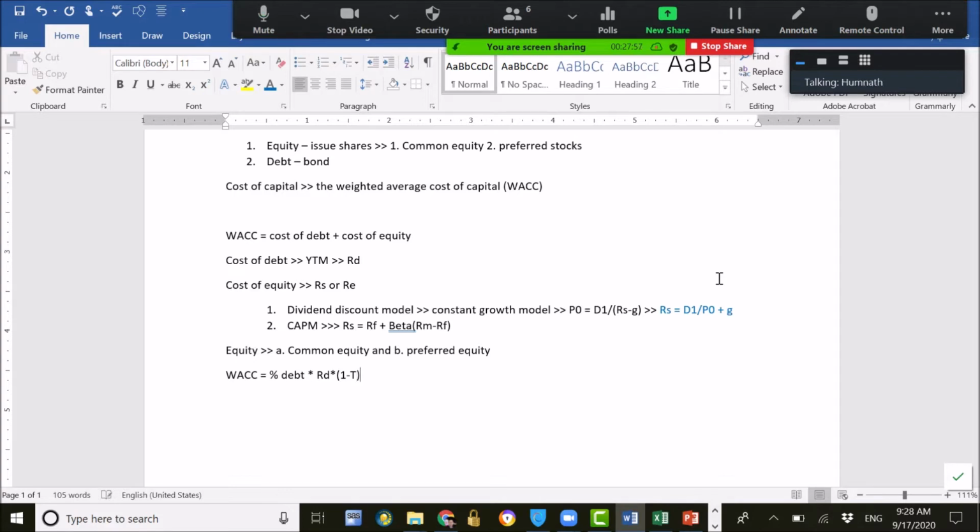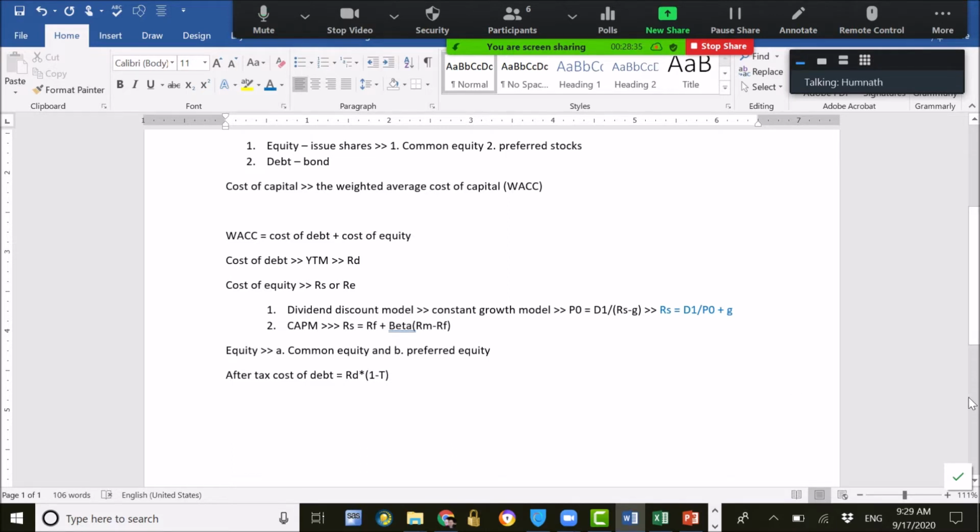This is the weighted cost of debt. This is the after-tax cost of debt. So you have YTM, yield to maturity, you multiply by 1 minus the tax rate, and you get the after-tax cost of debt.